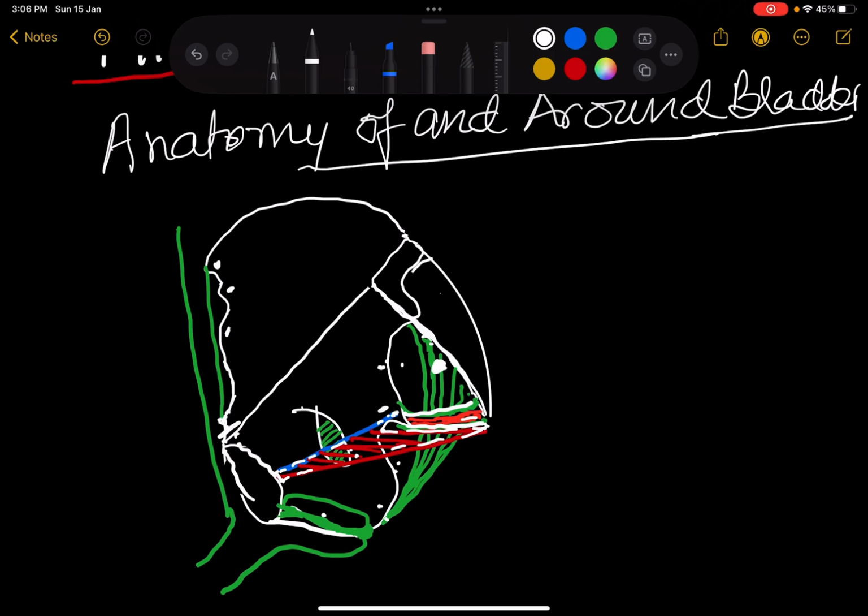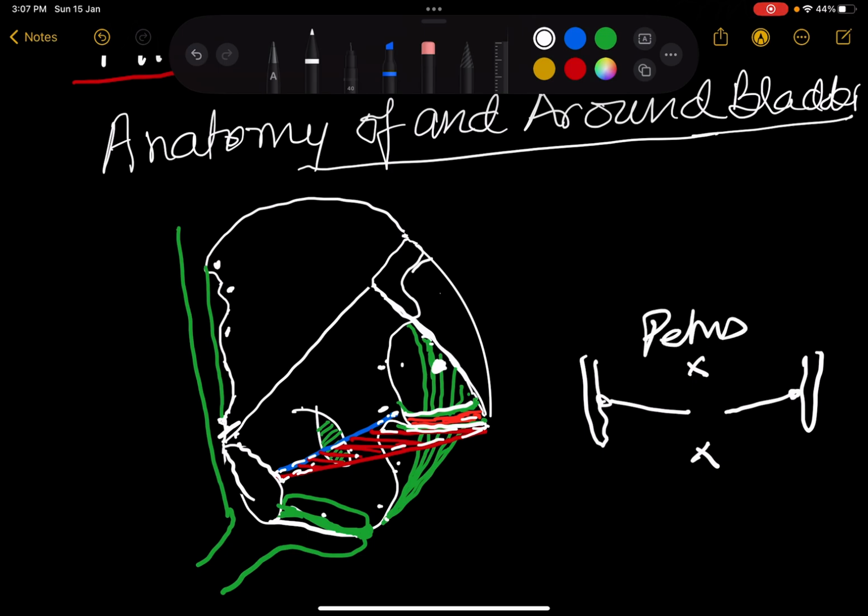So this levator ani is actually like a diaphragm, like this. And it basically divides the true pelvis into an upper pelvic portion and a lower perineal portion. So on this side is the pelvis, and this side is the perineum.